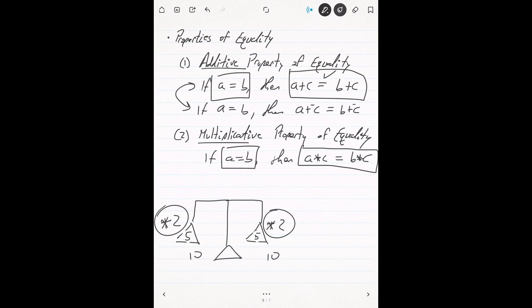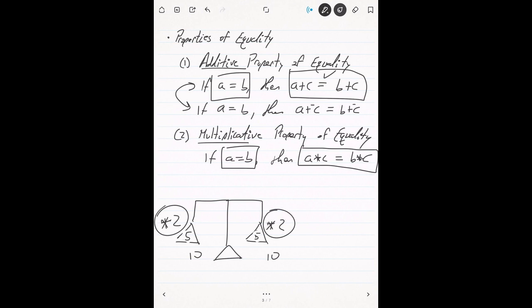You are not ruining the equality here. Both sides are staying equal. It's not like suddenly one side becomes bigger than the other side. They're staying equal.